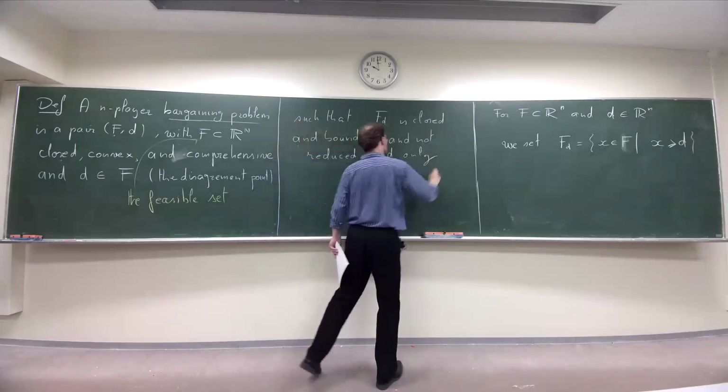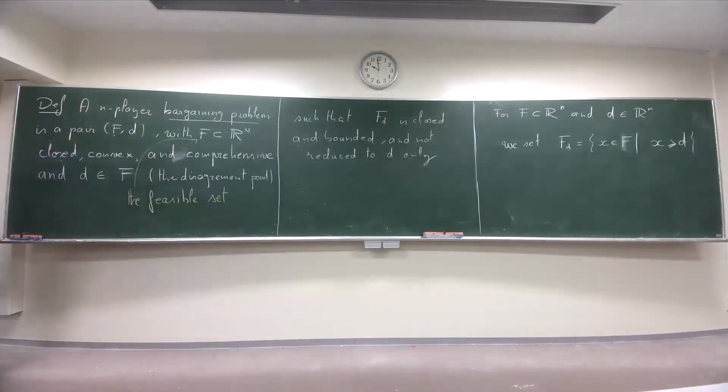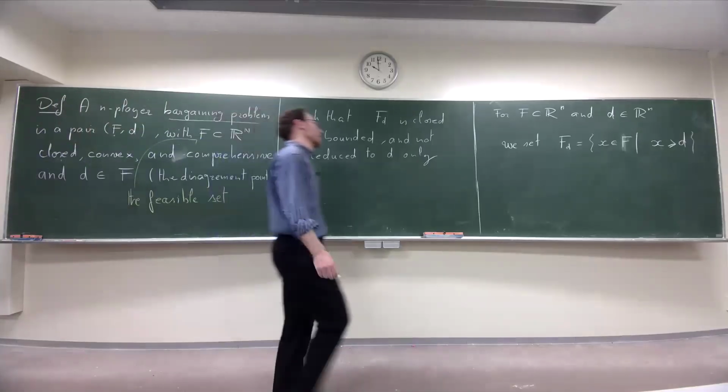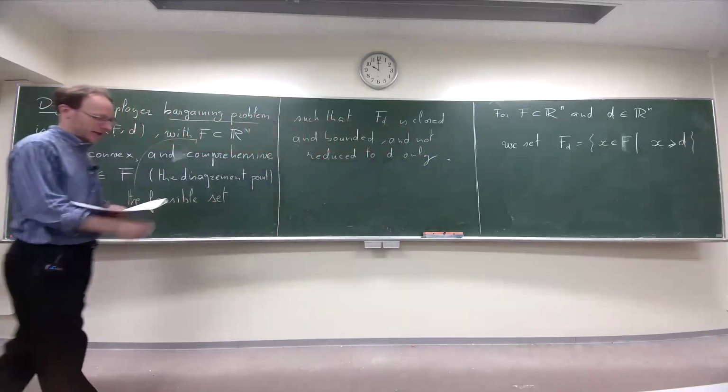Why? Because if you take F as all the points which are smaller than D, then F_D, because it's a set of points which are bigger, could be only D. But in the assumption, we assume that players can do better than just D, otherwise the game is over. If you don't take this last assumption, you don't have anything to do.